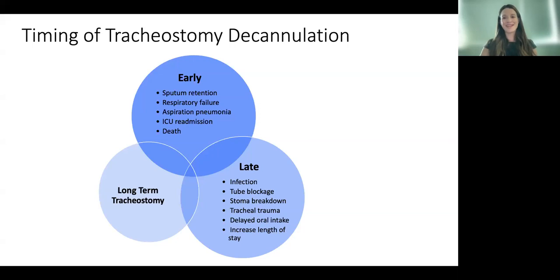Timing of tracheostomy decannulation is a dilemma, and it arises because there are consequences in too early and too late for timing. Too late can increase your risk of complications, including infection, and too early can increase the risk of respiratory failure. In some cases, it's not possible to decannulate our patients, which leads to the community patients living with a permanent tracheostomy.